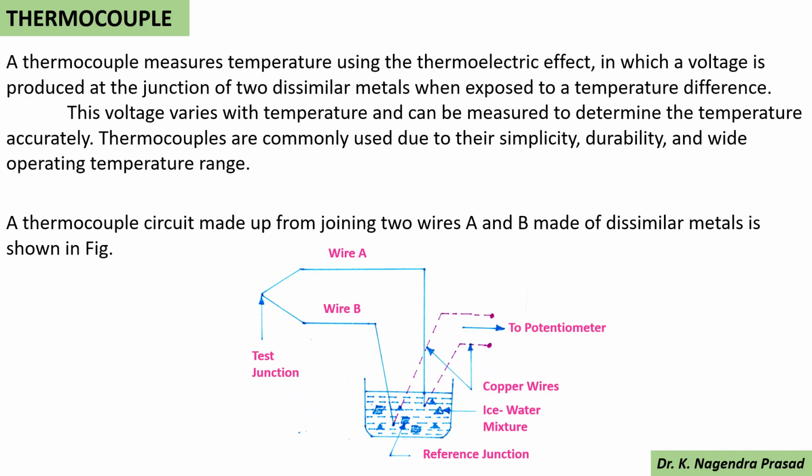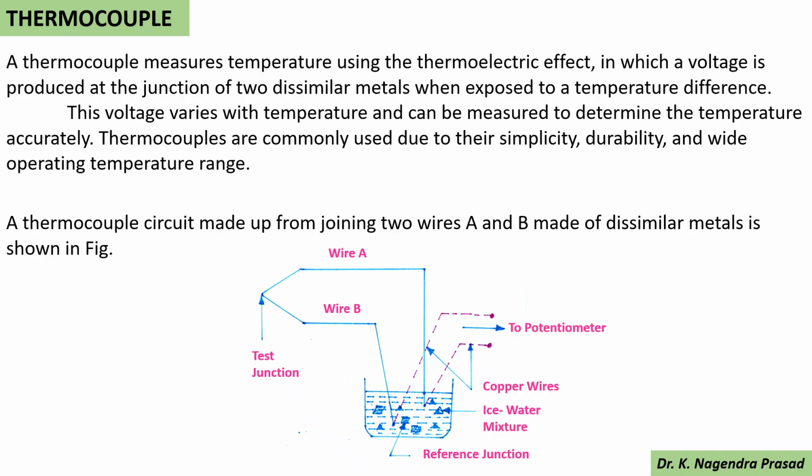Next we will discuss the thermocouple. A thermocouple measures temperature using the thermoelectric effect, in which a voltage is produced at the junction of two dissimilar metals when exposed to a temperature difference. Here refer to the diagram which represents the thermocouple principle.